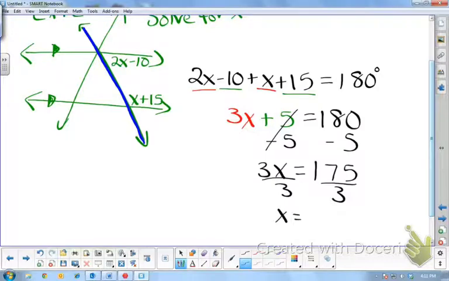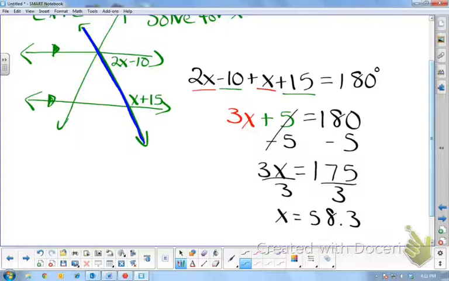So we would get x equals 58.3. I'm going to double check that on my calculator. Good, that was correct.